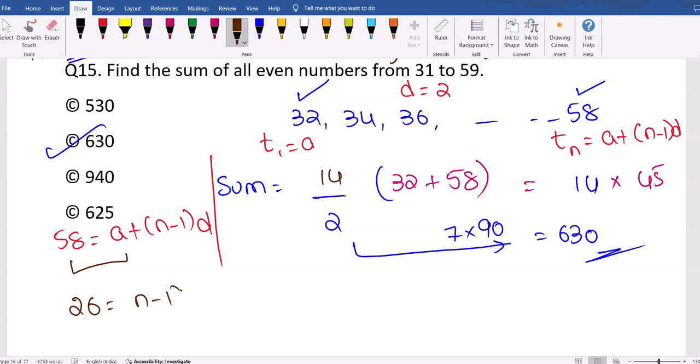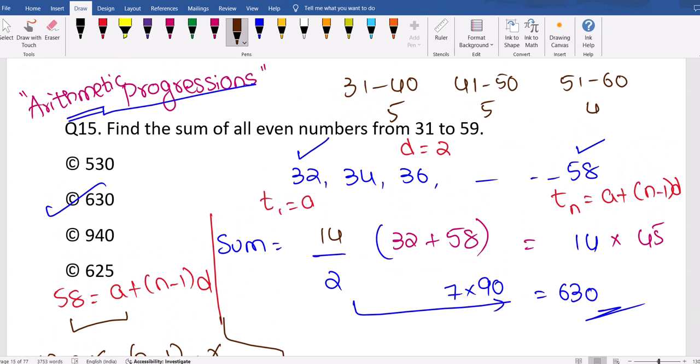That's N minus 1 into 2. N minus 1 is 13, N equals 14. You can calculate the number of terms like this also. It's your wish. But I am a silly fellow, I'll do things in a simple way, like 5, 5, 5, 4.